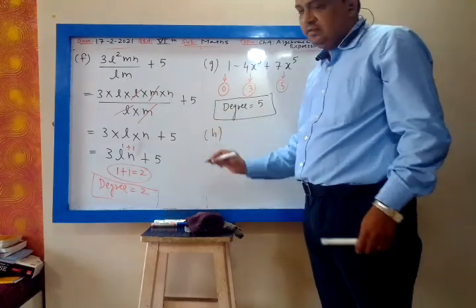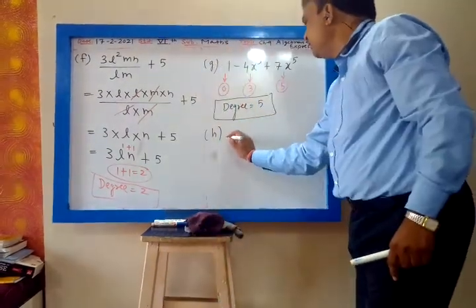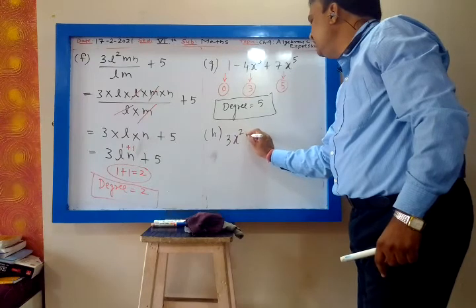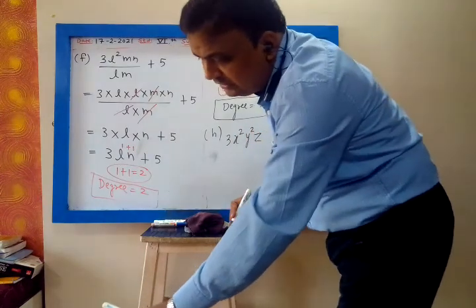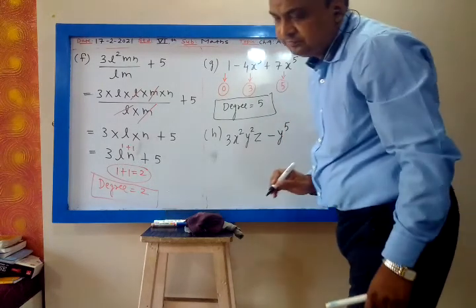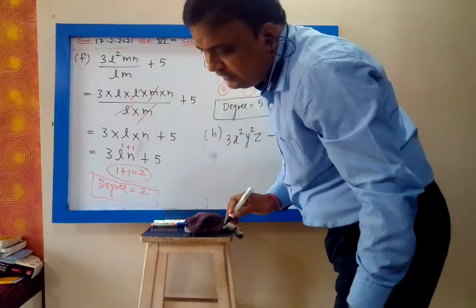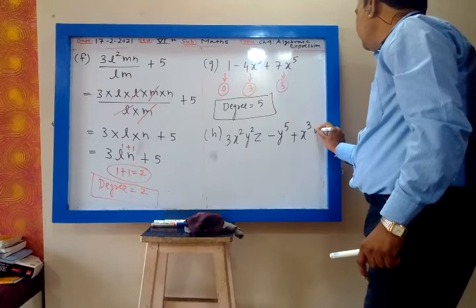Then h: 3x square y square z, minus y raised to 5, plus x cube y.